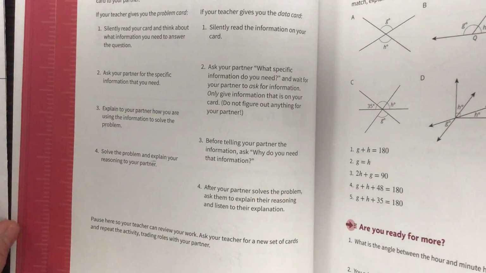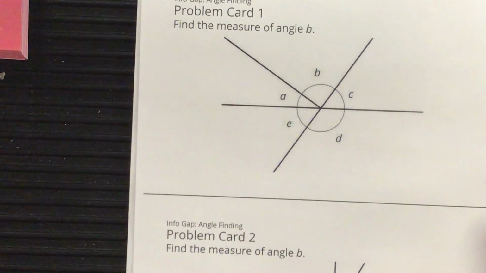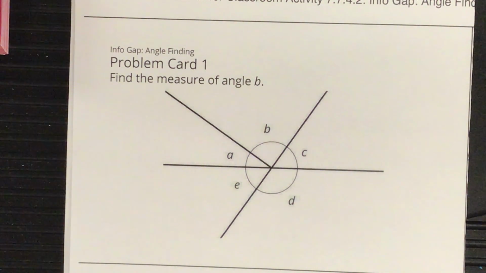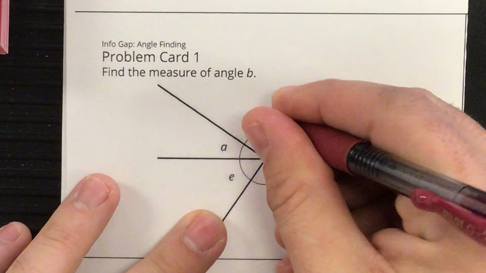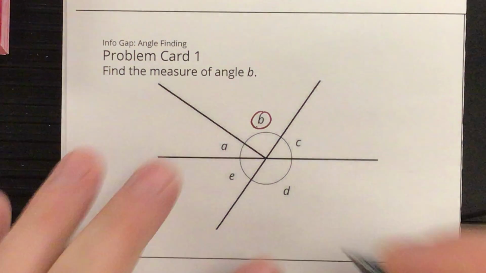All right, so this is kind of a data card again. We're going to do it together. I'm going to give you the problem, and you tell me the type of information you would need to find this angle. And then I am bound to the information that I have on the data card once you ask. Colin. Okay. I don't have either one of those, so I can't give you that. Angle D, I can tell you.